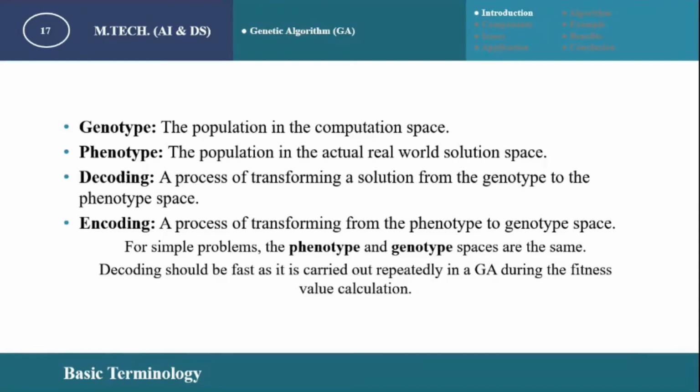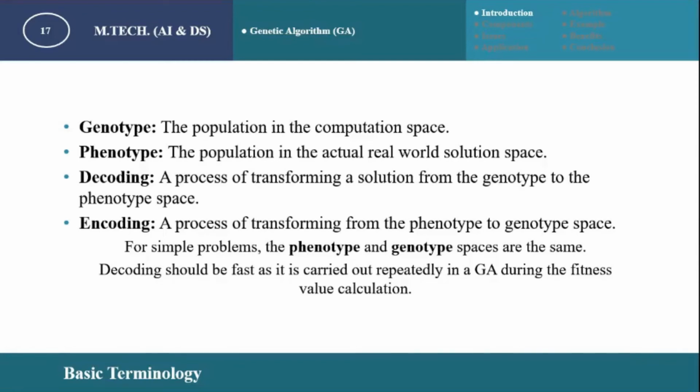Actually, this decoding as well as encoding should be fast, because it is carried out repeatedly in a GA during the fitness value calculation. In order to calculate the fitness value, you have to decode the genotype into phenotype, so that you can calculate the actual fitness value corresponding to that particular solution in the given solution space. So the decoding should be fast.